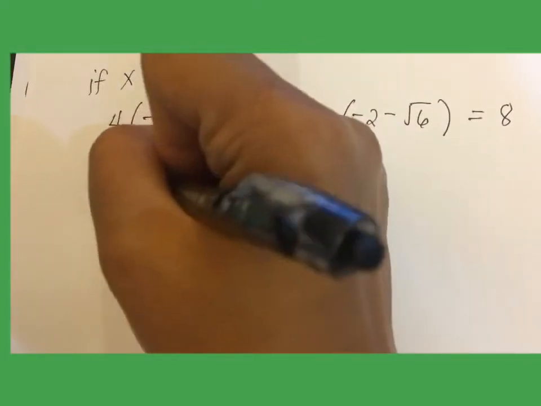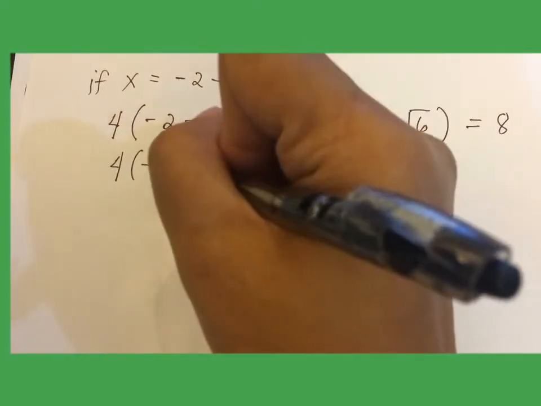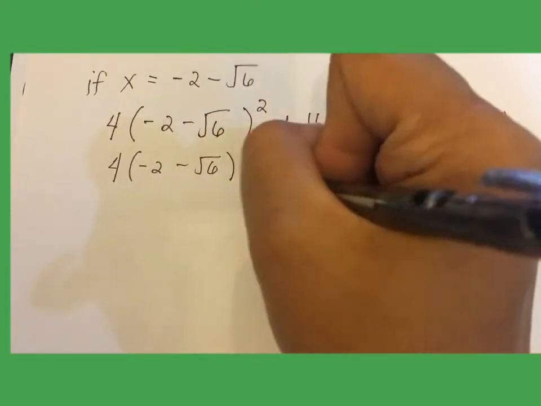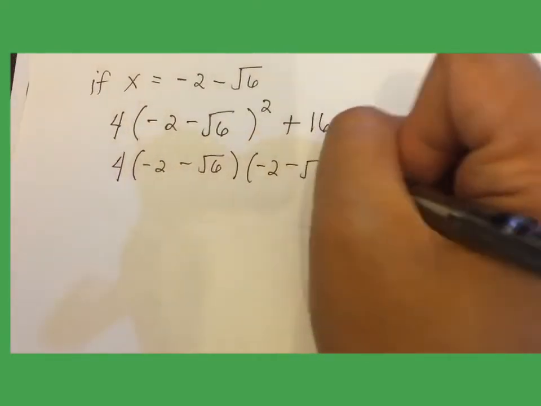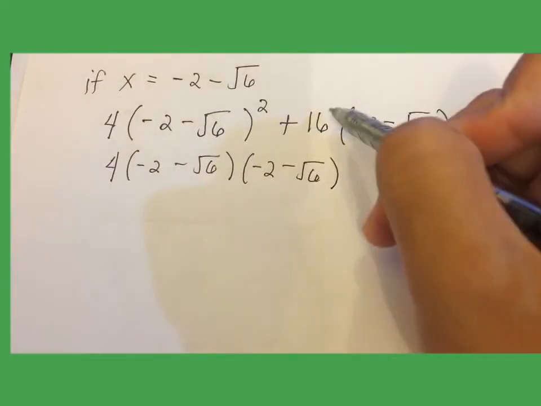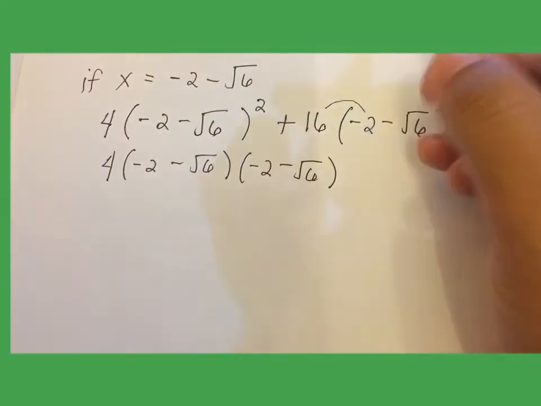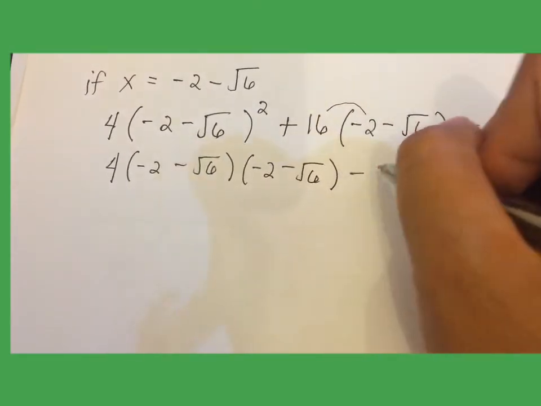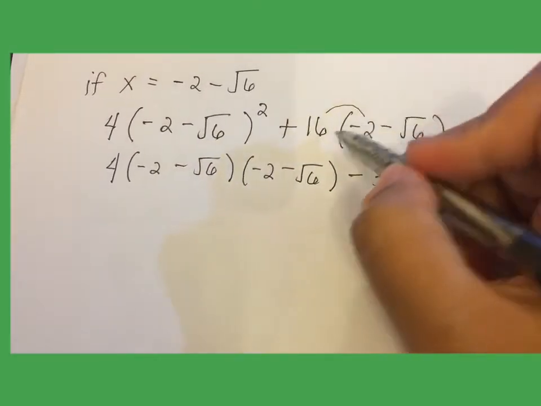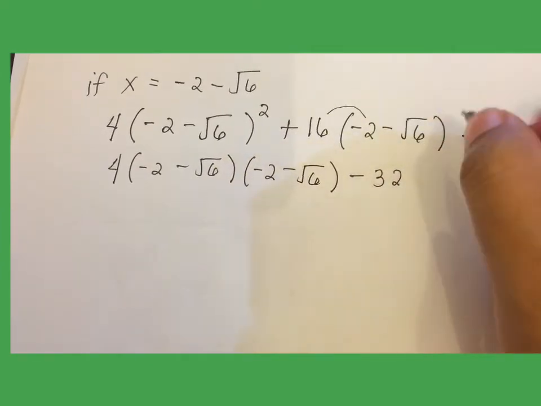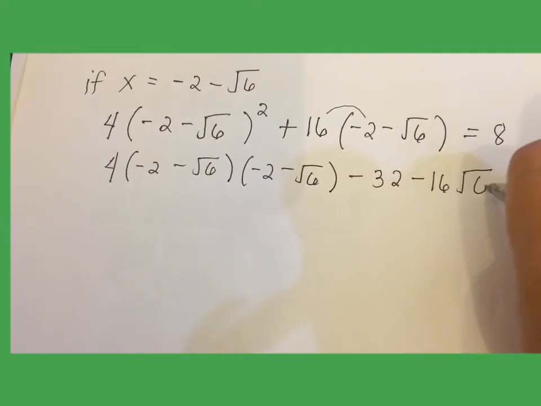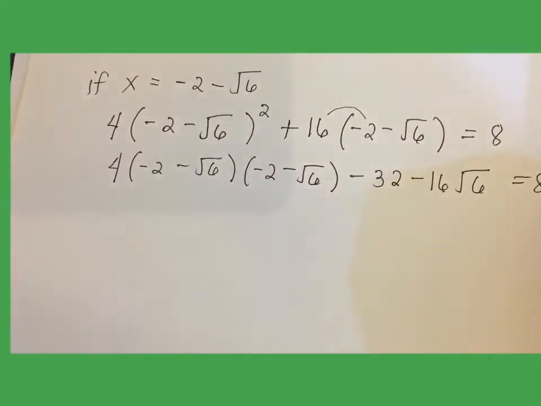We bring down 4, then we expand this, negative 2 minus square root of 6 times negative 2 minus square root of 6. Then we apply the distributive property here. So 16 times negative 2, that's negative 32. And 16 times negative square root of 6, that's negative 16 square root of 6 equals 8.